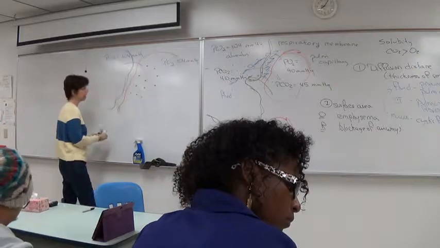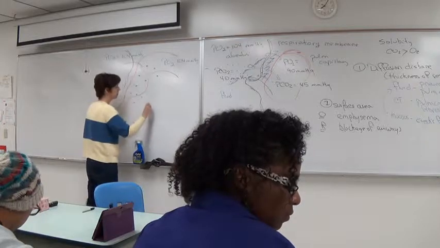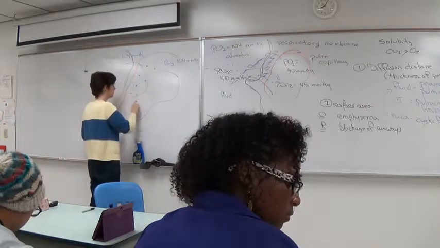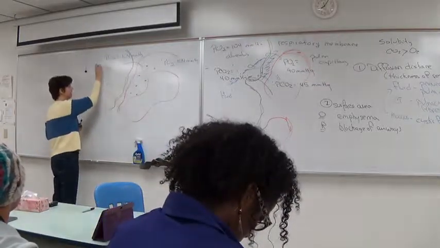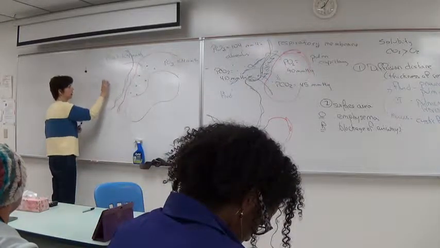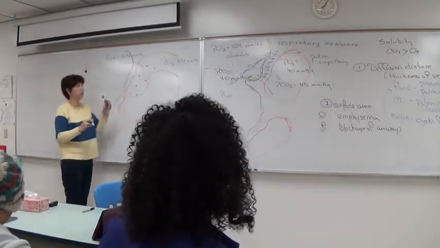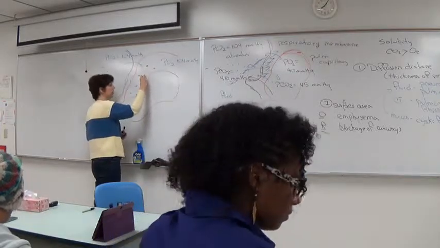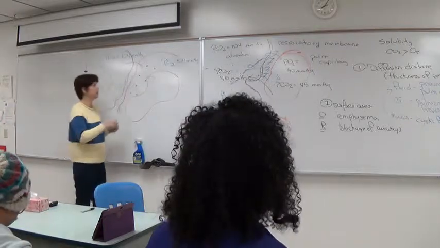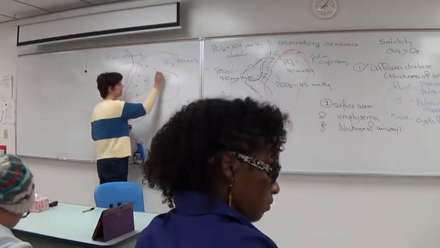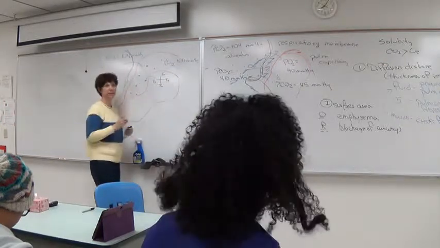So hemoglobin is in our red blood cells. And as oxygen moves into the blood and increases its concentration, it will move across the red blood cell membrane and bind to one of the iron ions of hemoglobin.